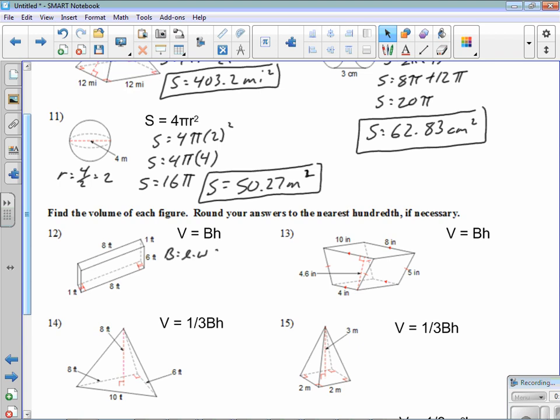And so that's going to be 8 times 1, which is going to be 8. And the height is 6. So volume is 8 times 6, or 48 feet cubed.